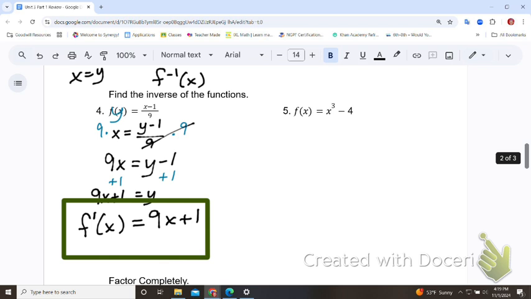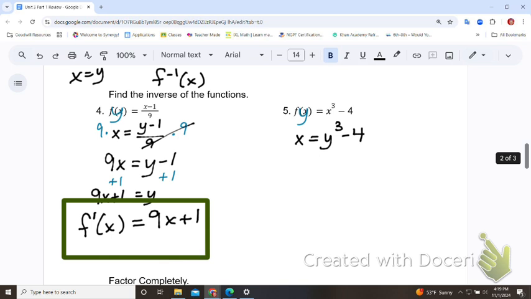All right, we have another one here. This time we have a cube. So again, we're going to put the y here. And now we're going to switch x and y. So then this will become x equal y cubed minus 4. So remember, you're working opposite operations in the opposite direction of order of operations.